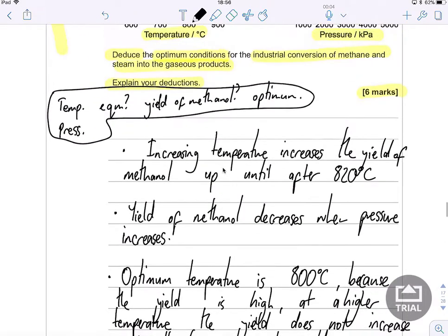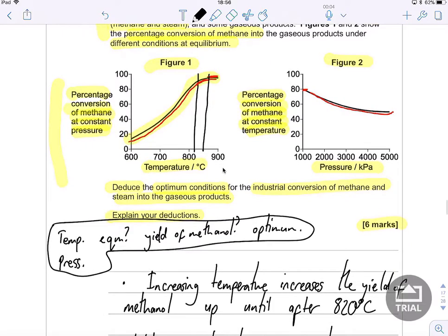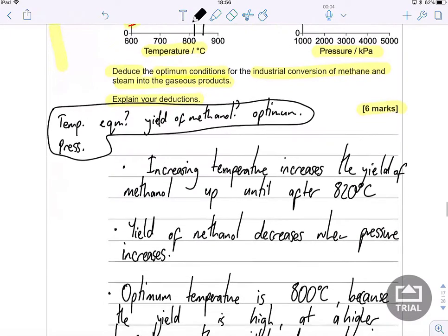Then I'm going to talk about pressure. I need to be careful about pressure, because if the pressure goes too low, that means my rate of reaction is going to be really slow. So I do need a fairly decent pressure so that my rate of reaction's okay, but I don't want it too high because that's going to decrease the yield, and it's also going to be expensive as well.